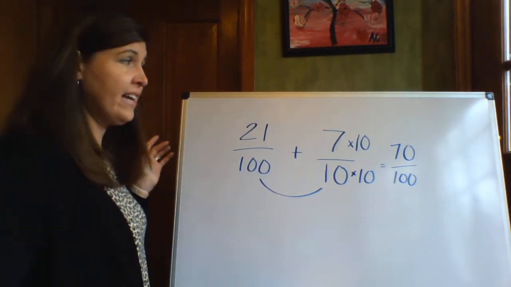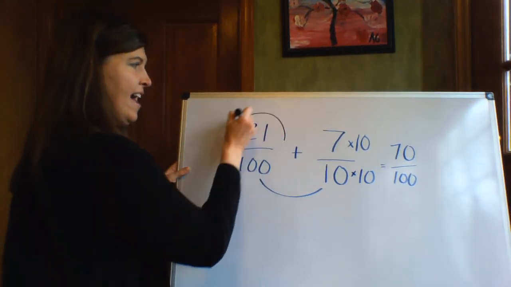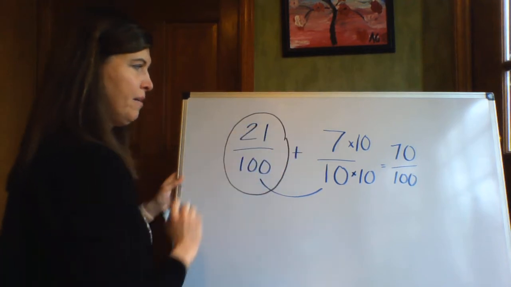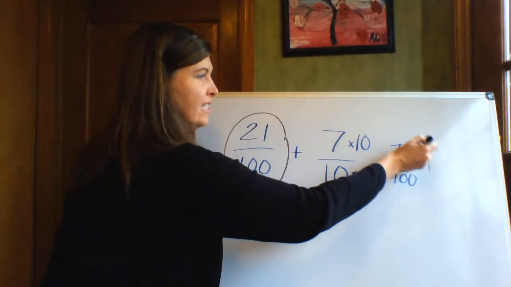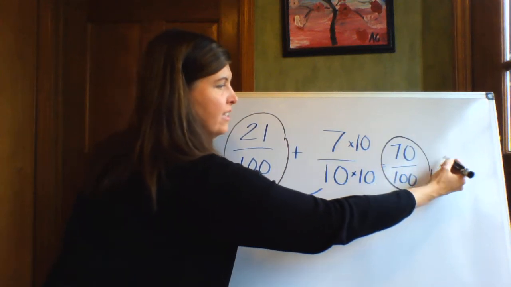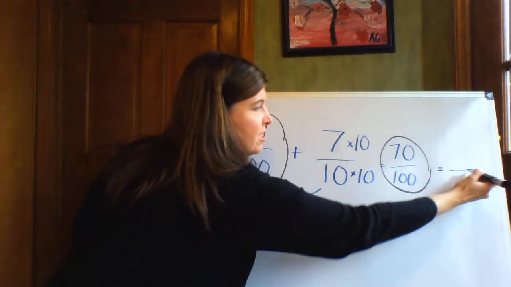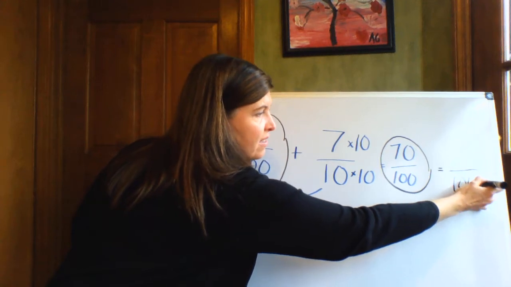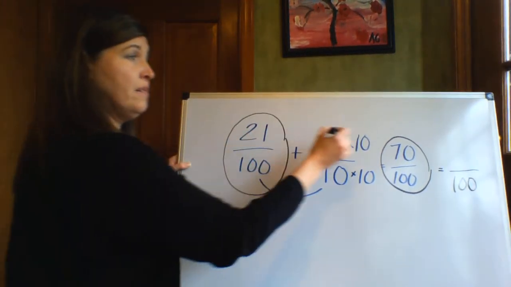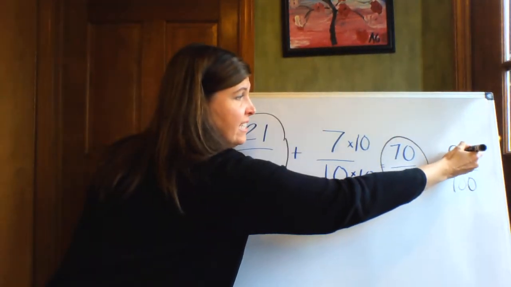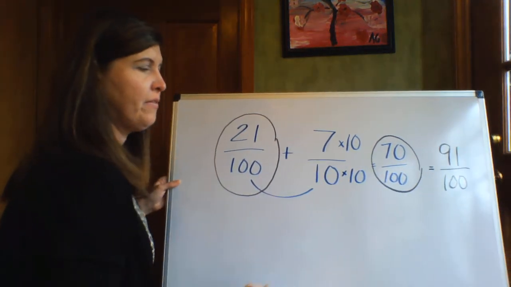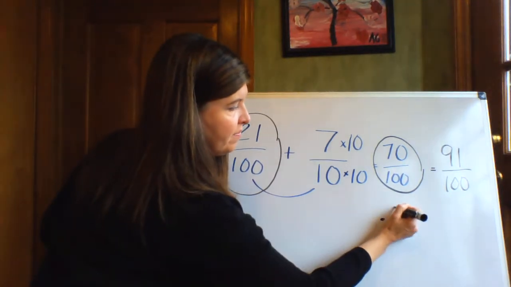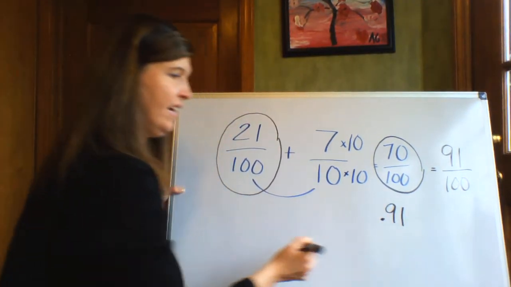So now, what am I going to add together? I'm going to add those fractions with the same denominator: 21 hundredths plus 70 hundredths. And if I add those together, we're still talking out of 100 pieces. 21 plus 70 is 91 hundredths. How do I write that as a decimal? 91 hundredths.